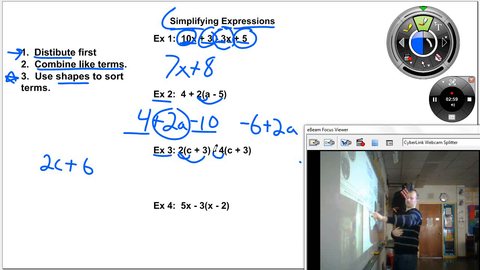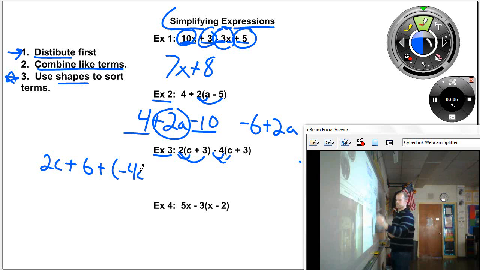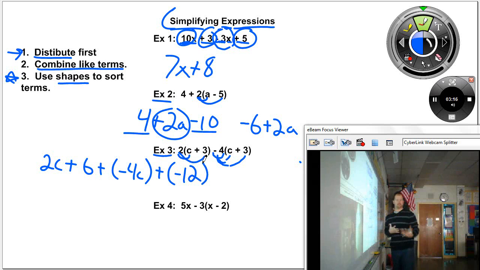This is a negative 4. So when we distribute, this turns into a negative 4c, or you could say minus 4c, and then a negative 4 times 3, which is negative 12. So we have to distribute the subtraction sign with the 4 because this is a negative 4.